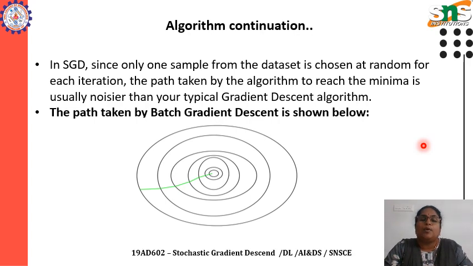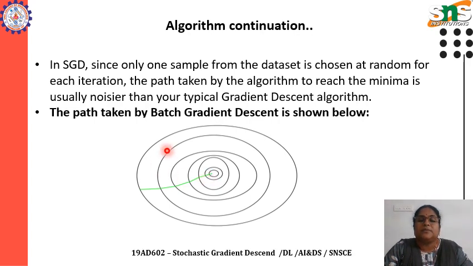One more point about this algorithm is that only one sample from the dataset is chosen at random for each iteration. So the path taken by the algorithm to reach the minima is usually noisier than in the typical gradient descent algorithm.